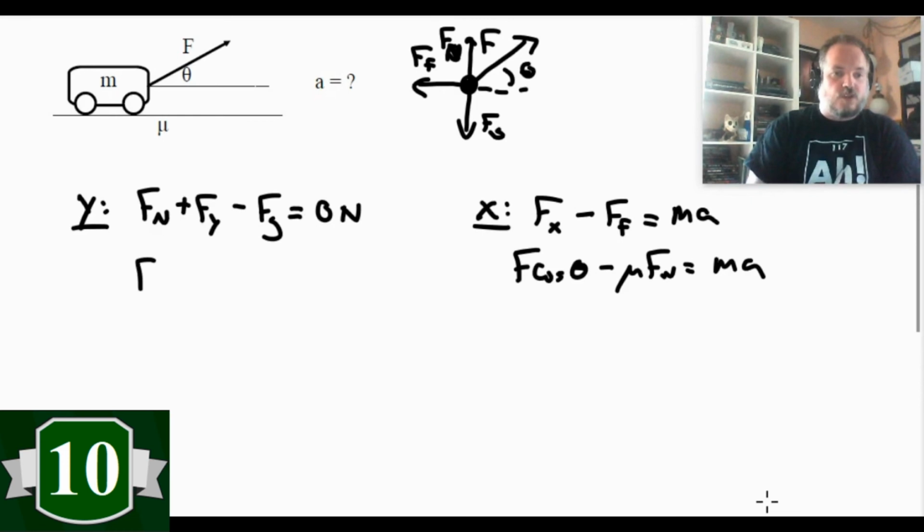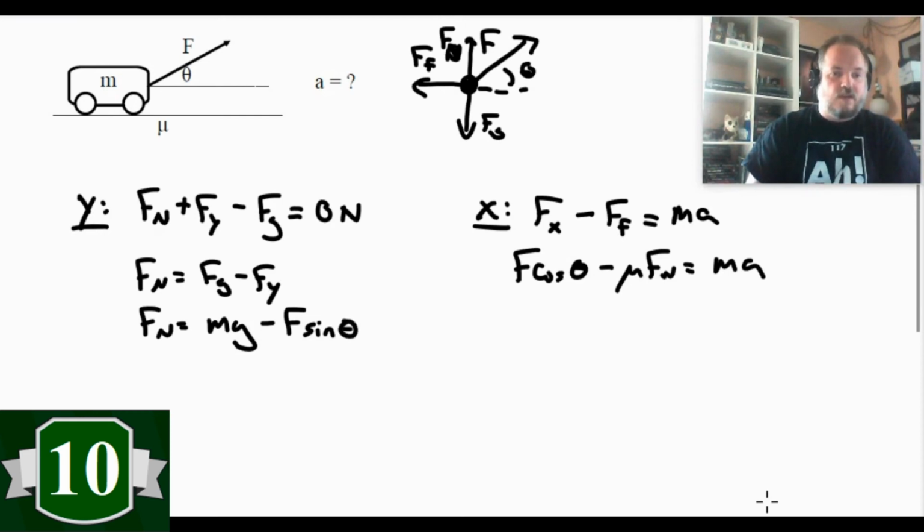So normal force is going to equal the force due to gravity minus Fy. I just moved these over to the other side. So normal force is equal to force due to gravity, which is mg, minus the force in the y direction, which is F sine theta. So we can plug in, get our normal force, plug it in there, and solve.